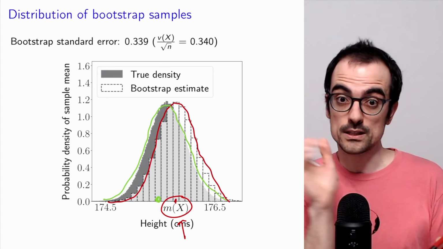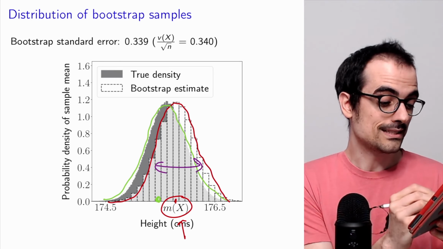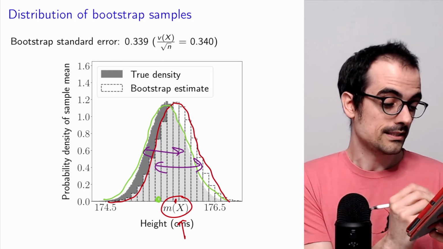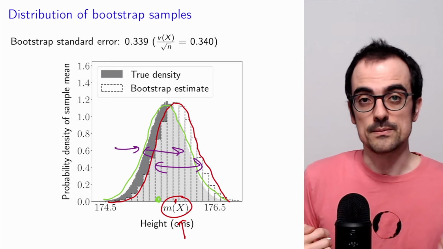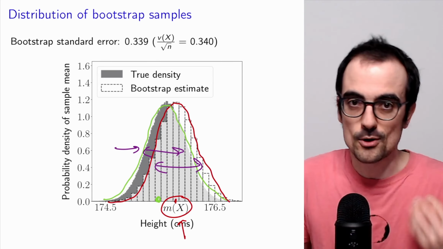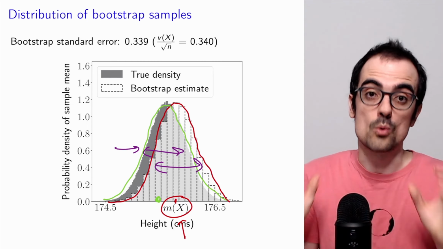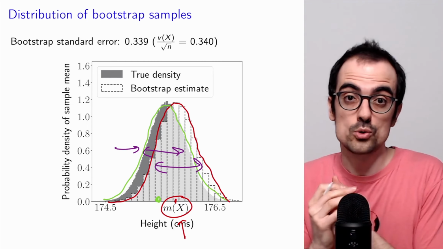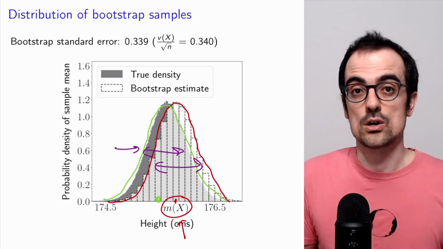So they are shifted, but their standard deviation is actually quite similar. This standard deviation is exactly the population standard deviation divided by square root of n. The bootstrap standard deviation is approximately the sample standard deviation divided by square root of n. So when the sample standard deviation is close to the population standard deviation, the bootstrap is going to give you a good estimate of the standard error.